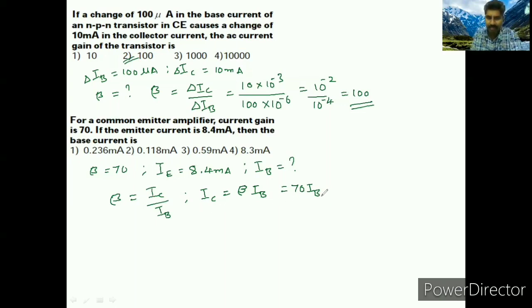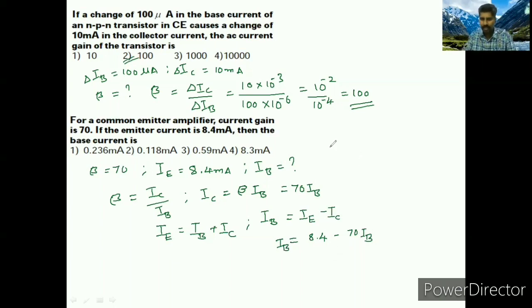Next we know the relation between IB, IE, IC. Emitter current is equal to base current plus collector current. So base current we require. Base current is equal to emitter current minus collector current. Emitter current how much did they give here? 8.4 minus 70 IB.